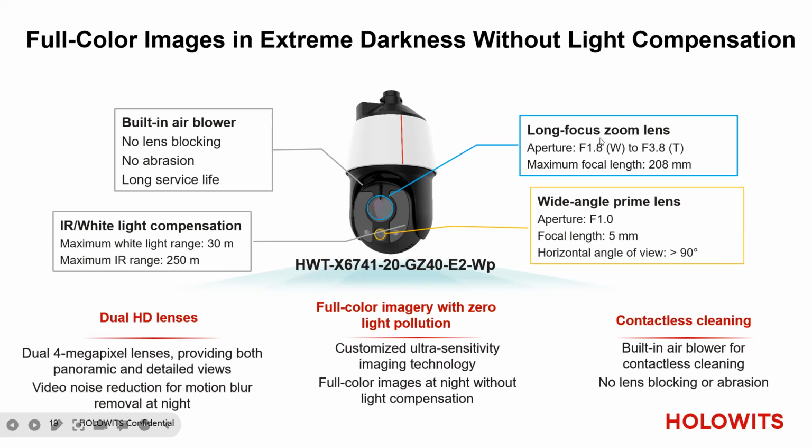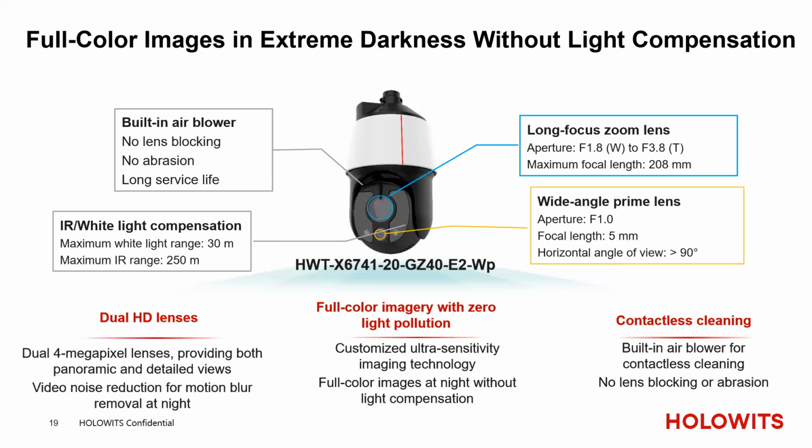It also has a dual lens. You can see this picture. It has a long focus zoom lens. Maximum focal length is 208 mm. Another is the prime lens. Focal length is 5 mm. And both of them are 4 MP lenses, which provide both panoramic and detailed views at the same time.